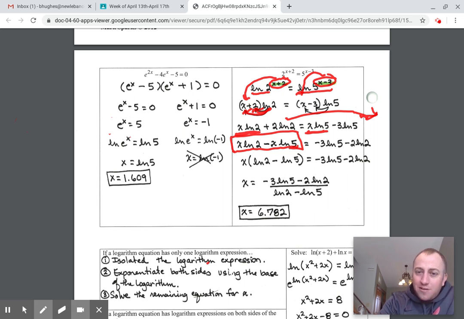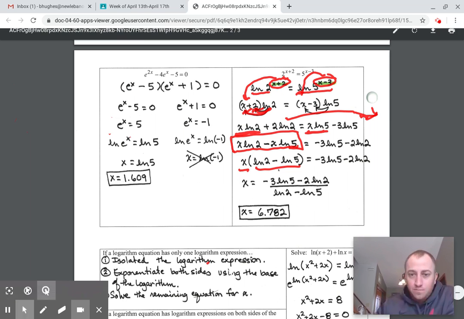If I factored out an x, that's what we would have right here: x times the natural log of 2 minus the natural log of 5. Then all I have to do is get x by itself. Since x is being multiplied by natural log of 2 minus natural log of 5, I would just divide both sides by natural log of 2 minus natural log of 5. And there is our answer.